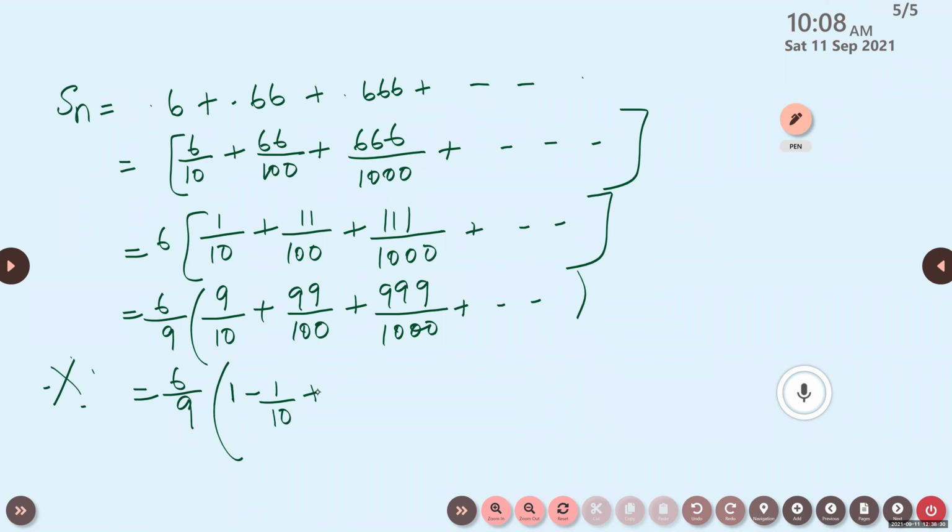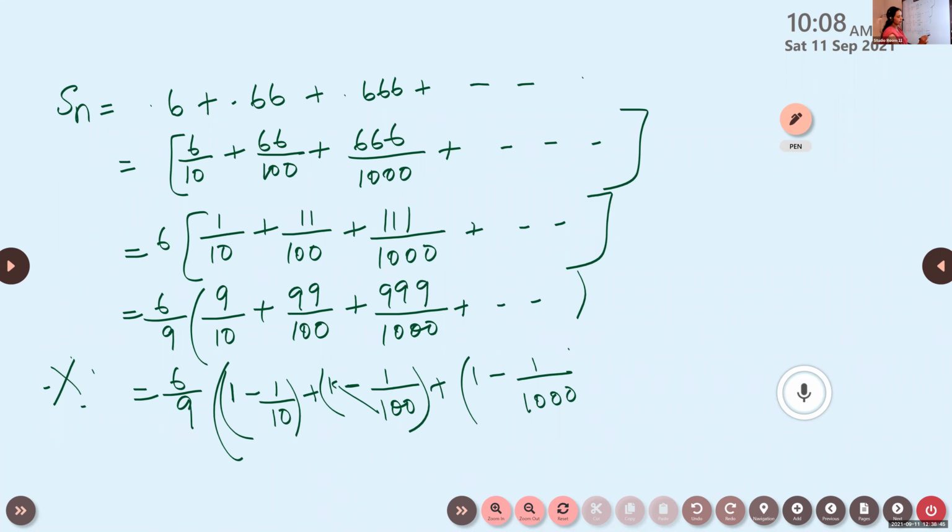How will you write 99 by 100? 1 minus 1 by 100. If you want to take the LCM, group it and check: 100 minus 1, is it 99? Similarly, the next one is 1 minus 1 by 1000, plus and so on up to n terms.